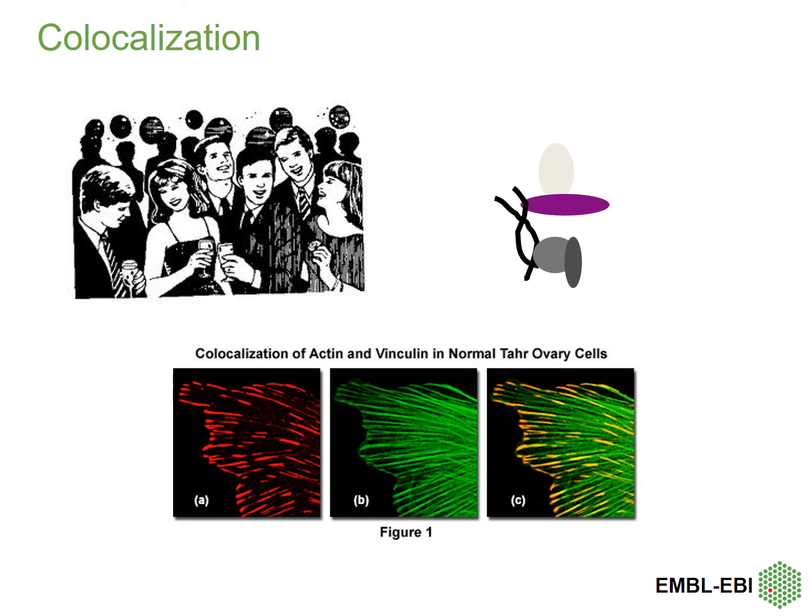So here's actin and vinculin in ovary cells, and when you take the two fluorescent patterns and overlap them, red and green make what? Yellow. So now all the yellow areas of the ovary cells are the areas where there's both actin and vinculin together.